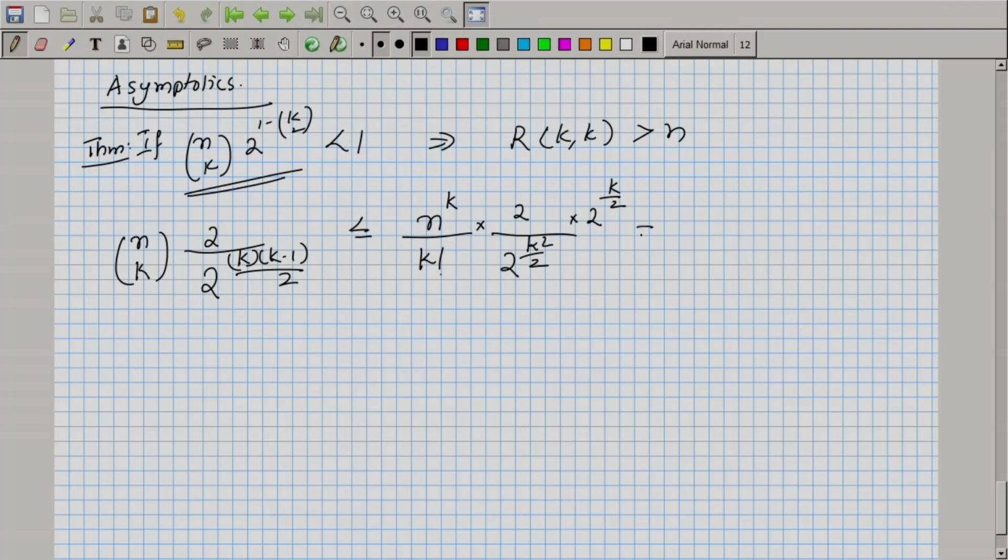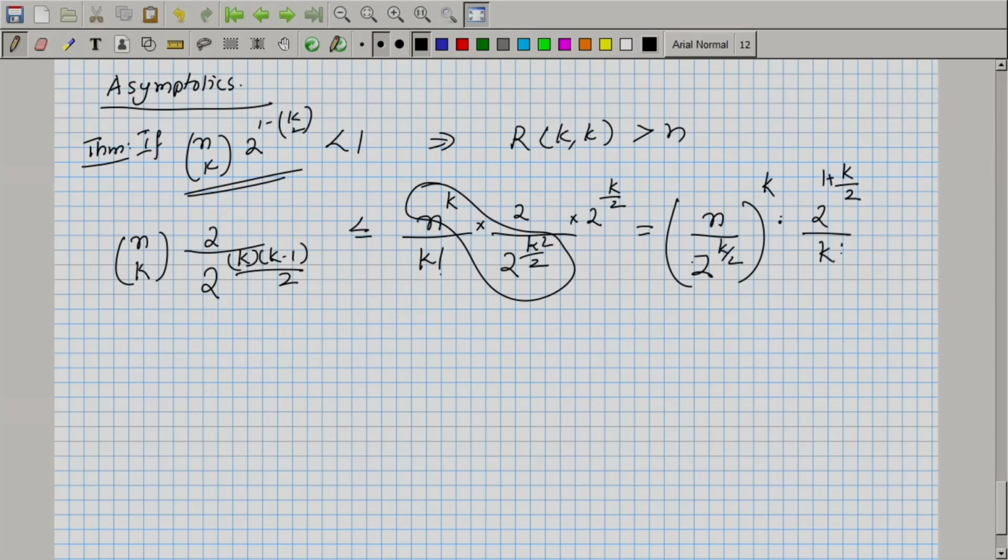Okay. And rearrange this and write this as n by 2 raised to k by 2, the whole raised to k times 2 raised to k by 2 into 1 plus k by 2 divided by k factorial.